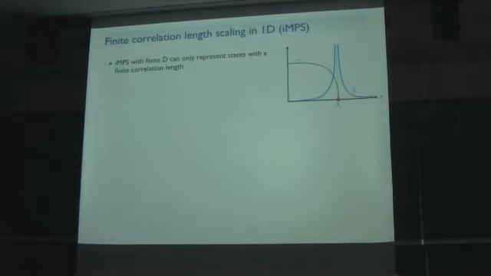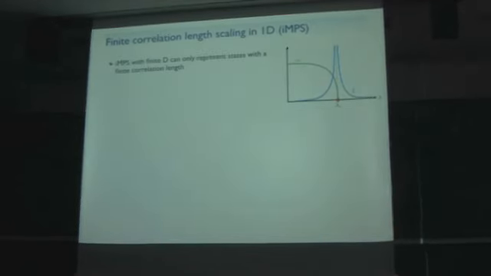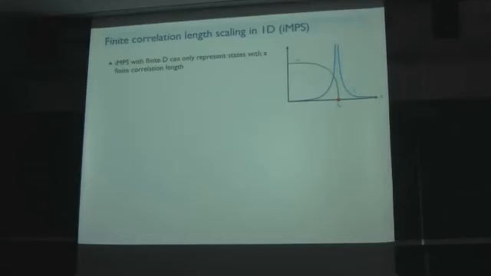Now, this whole idea was already developed and used in the context of matrix product states many years ago, where it's also very well understood. So we know that an infinite matrix product state with a finite bond dimension can only represent states with a finite correlation length. Right? You can't represent critical states.